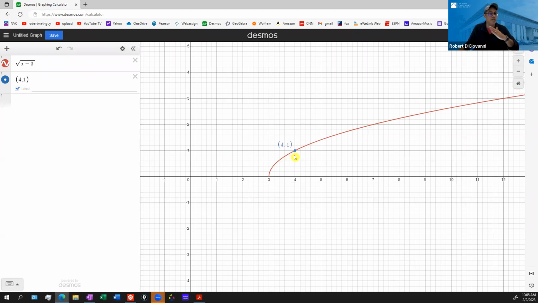What we're trying to figure out is the equation of the line that is tangent to that curve. So we're trying to find a line that's going to look something like this when we're done. It's going to come through and just touch that point just like that, right? So we should expect to see a positive slope, right? We shouldn't expect to see something like this. That's not tangent.